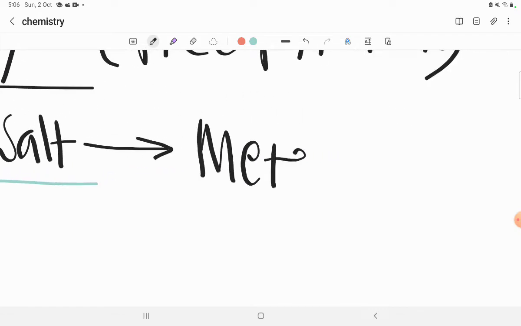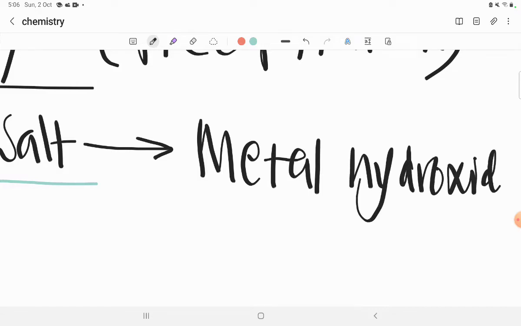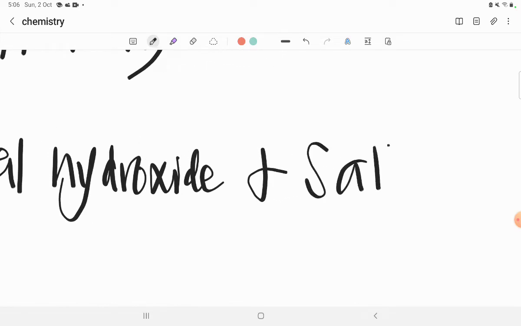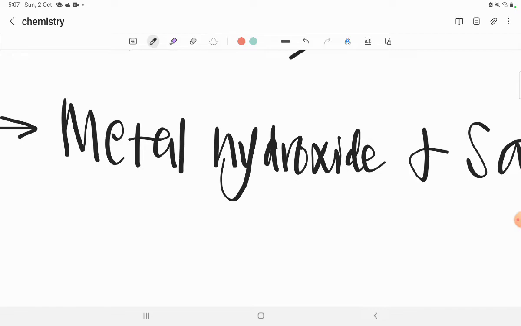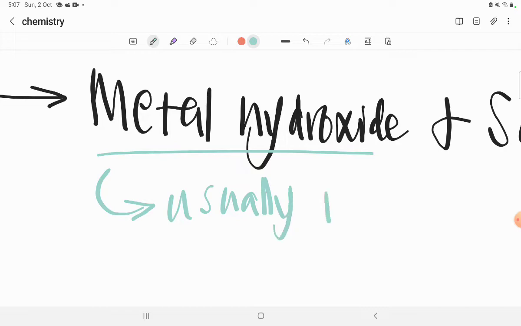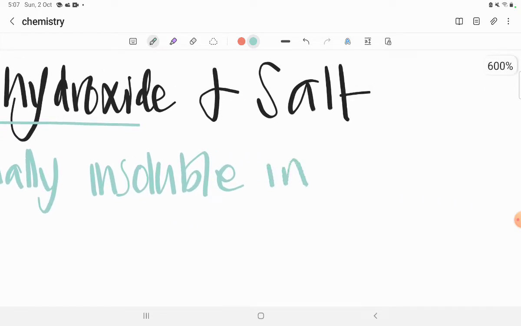We get metal hydroxide and a salt. Okay, one thing to note, the metal hydroxide is usually insoluble in water.